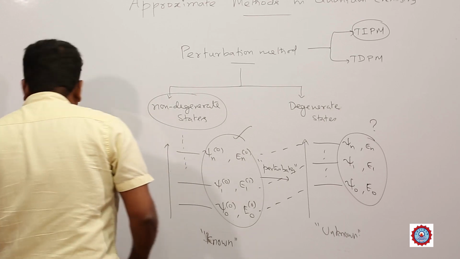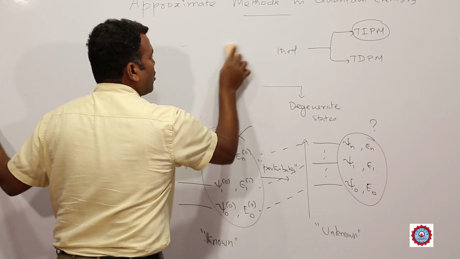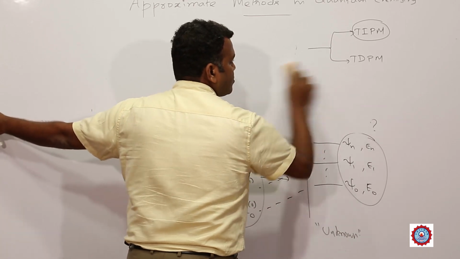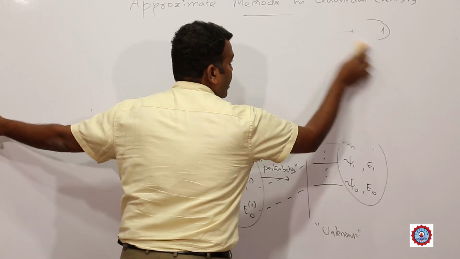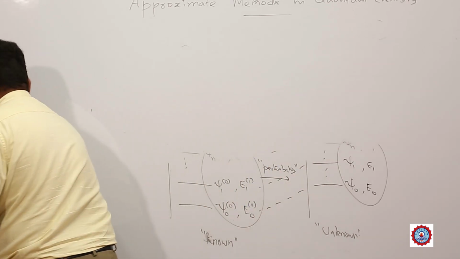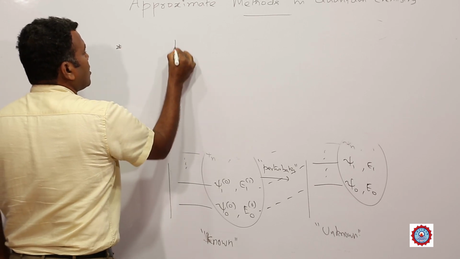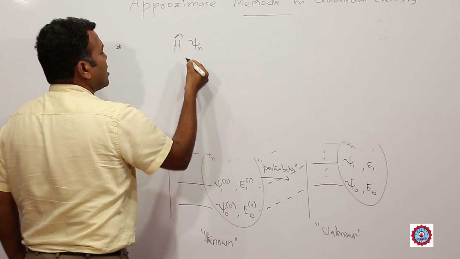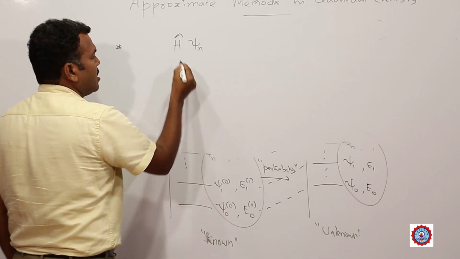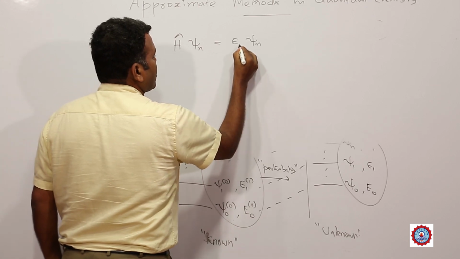Now, let me introduce what the perturbation method is and how to go with the perturbation technique. Right. So, the idea is this. Our goal is to solve the Schrodinger equation H psi for some state, say nth state, H psi n equal to En into psi n.